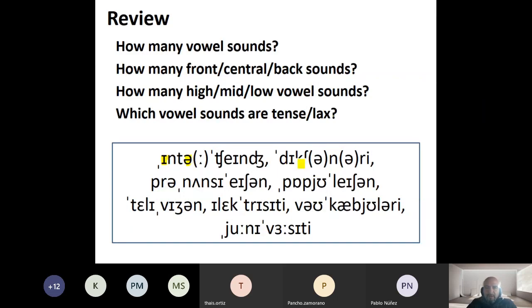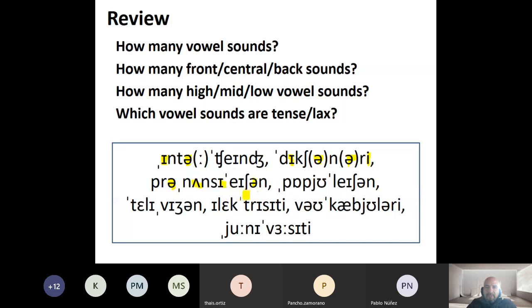In the word dictionary, we have four monophthongs, right? In the word pronunciation, those are the four monophthongs.